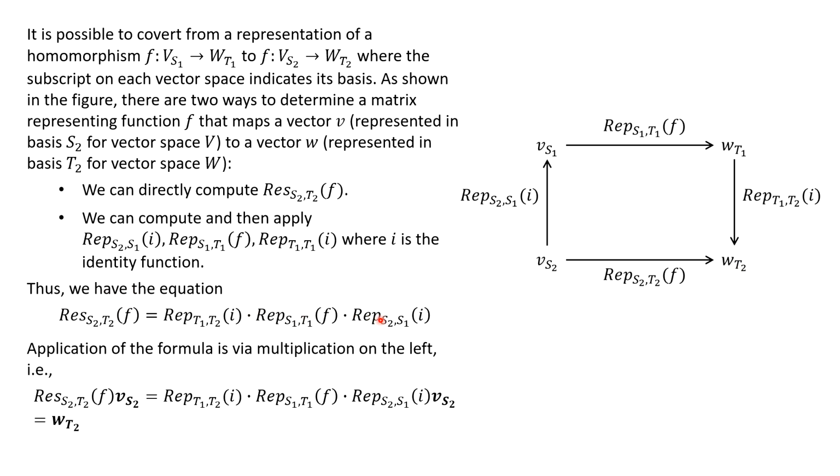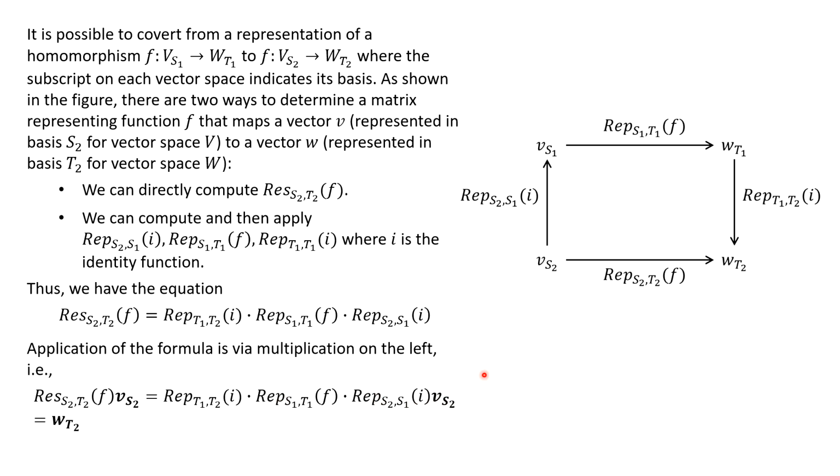And I've written down the two equivalent ways here. This is this one here, and then this is the path here. And you may wonder why I have this in reverse order, and that's because these representation matrices, these are all matrices, are multiplied on the left of the vector.